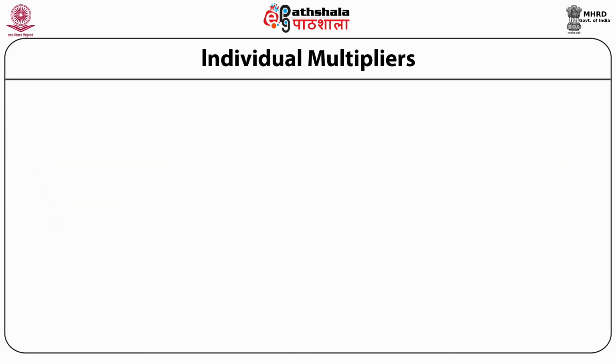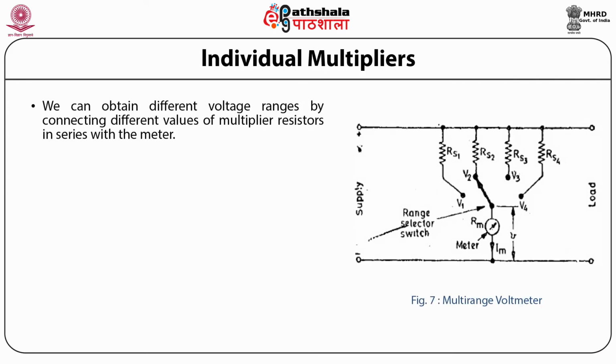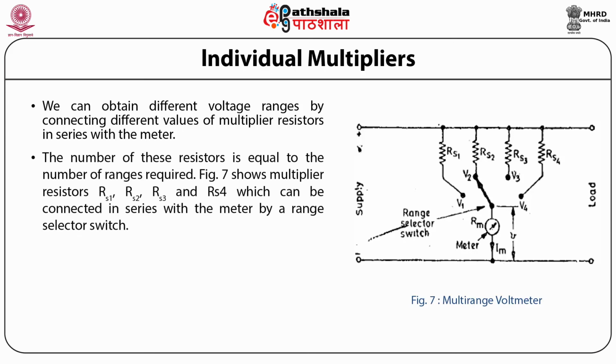First, individual multipliers. We can obtain different voltage ranges by connecting different values of multiplier resistors in series with the meter. The number of these resistors is equal to the number of ranges required.